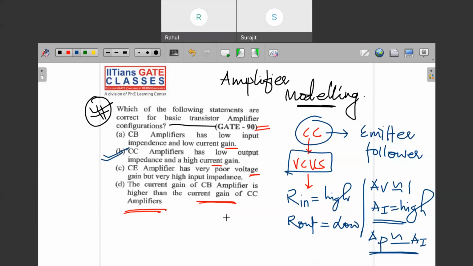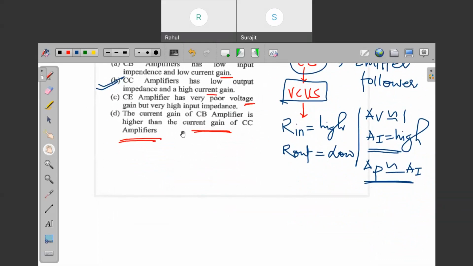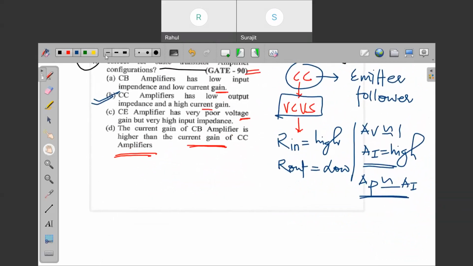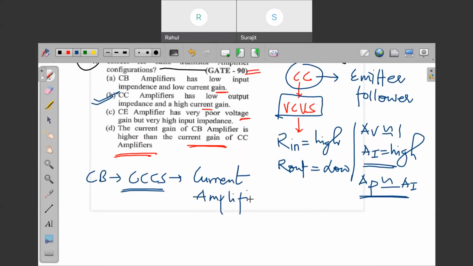Let us talk about the common base amplifier as well. The common base amplifier can be taken as a CCCS, or you can say a current amplifier. What is the meaning of current amplifier?